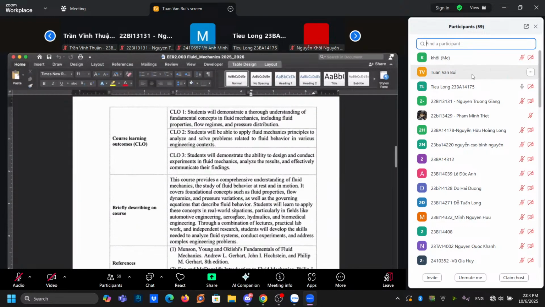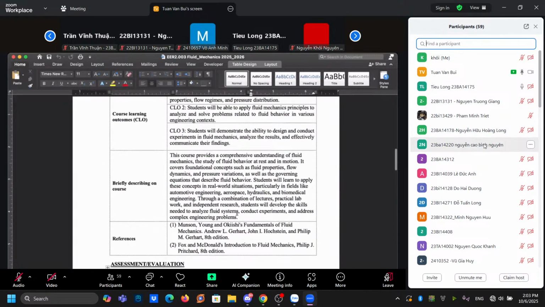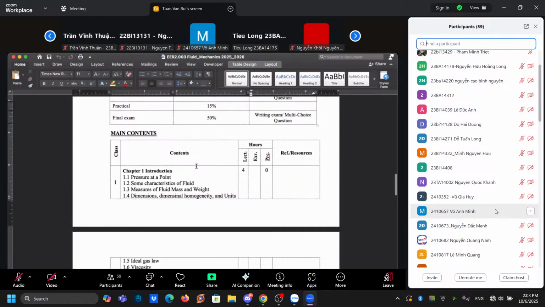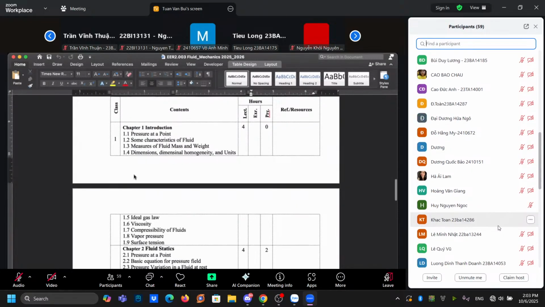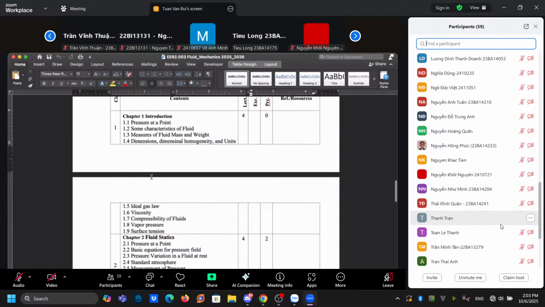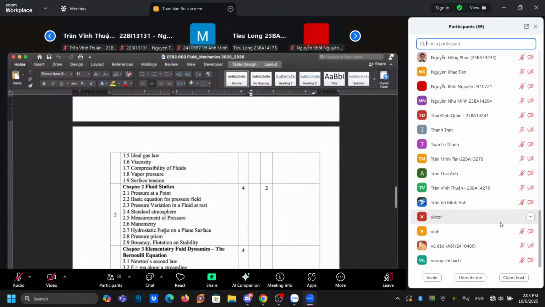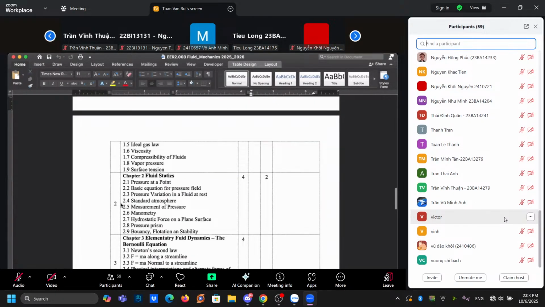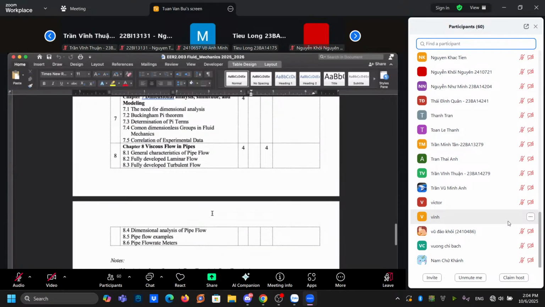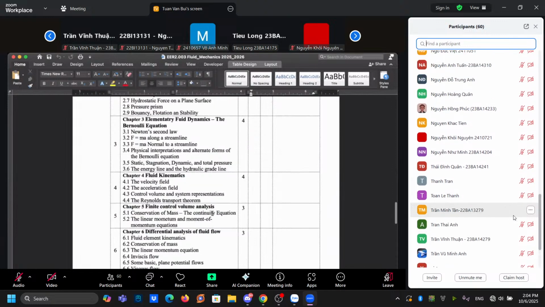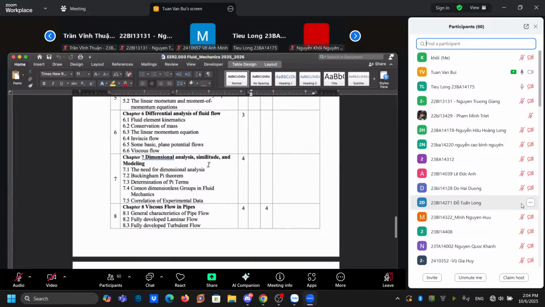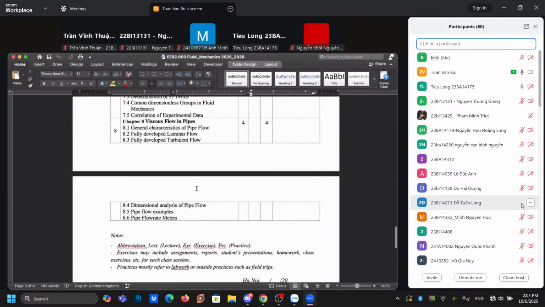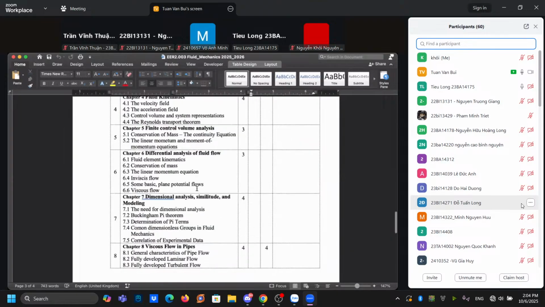You have the course learning outcomes and the references and assessment for the mark. For the main content, in the first lecture we will learn about the introduction. We'll come back to this later. We will have some practical work for each section. There are 8 chapters. If Moodle works well, I will upload this also on Moodle so that you can have a look at it later.